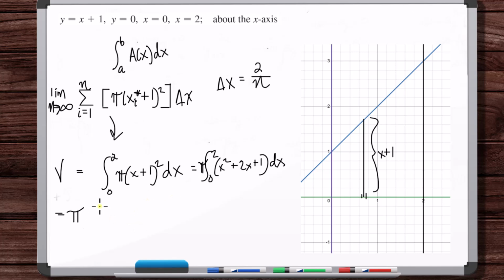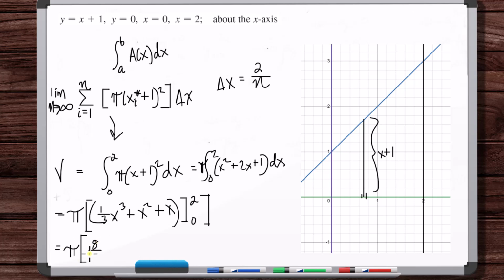Okay, so integrating, we've got 1/3 x cubed plus x squared plus x. Okay, we're going from 0 to 2. Okay, so 2 cubed is 8, so 8/3 plus 4 plus 2. And then that would be minus 0.